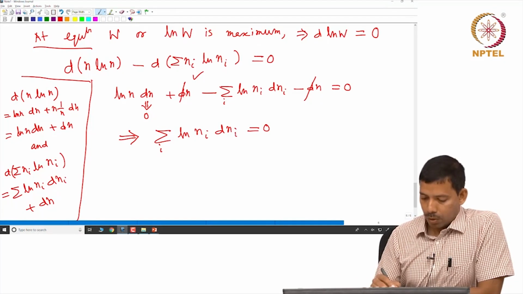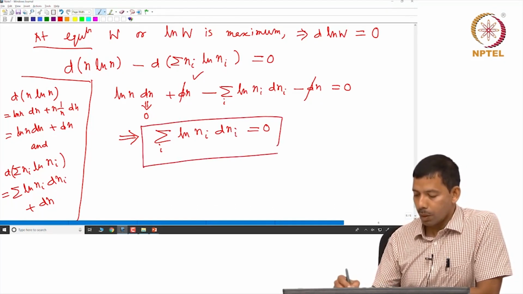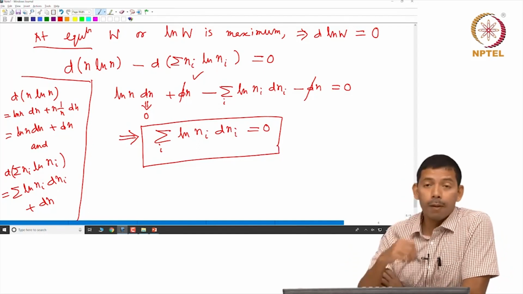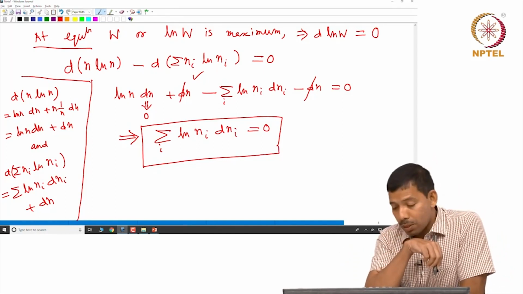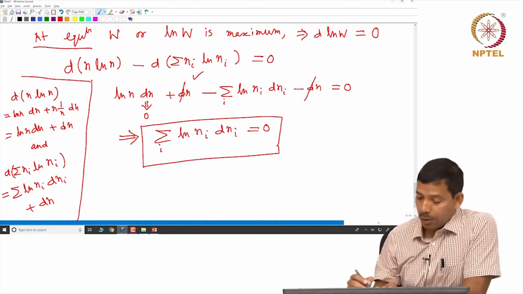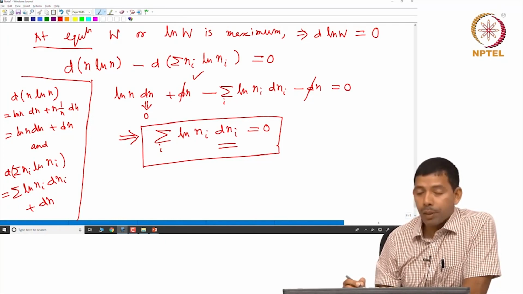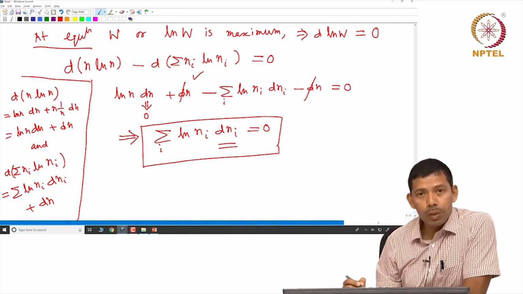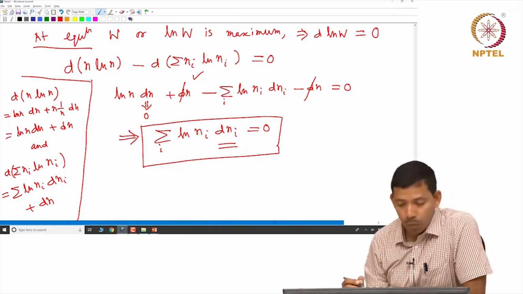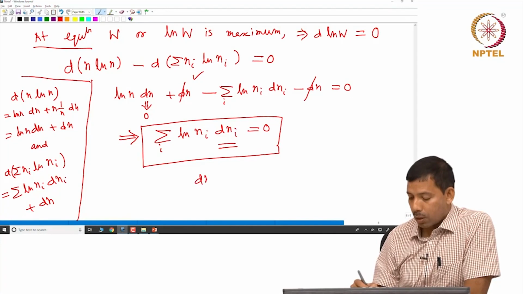This is a very important expression, but the problem with it is we cannot solve this equation any further, and that is because dni is not independent. Particles are spontaneously and continuously moving up and down, and therefore dni is not independent.